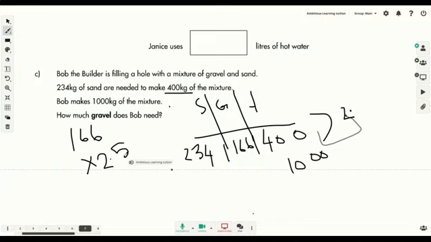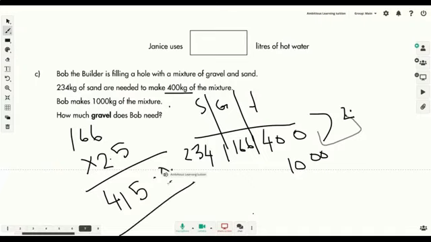Multiply by 2.5, and my answer would be 415.0. I'm asking about the gravel, that's why we multiplied that by the same thing we multiplied the total from. That's 415.